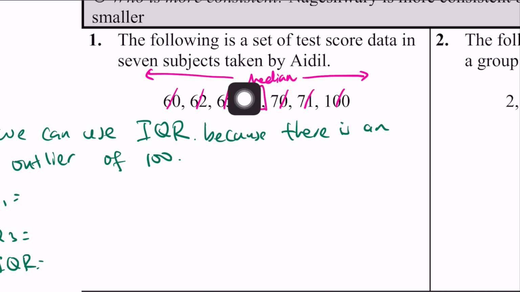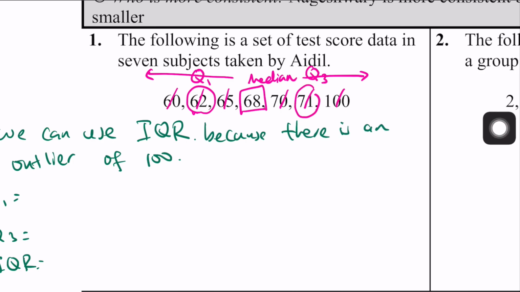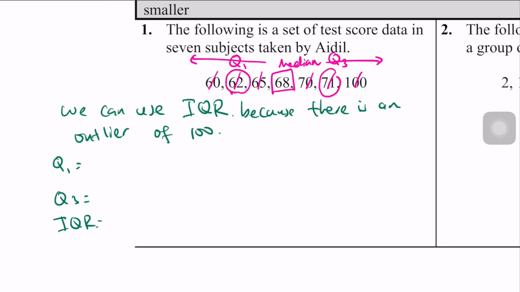For the left part, the median is 62, so this is the first quartile. For the right side, the middle part is 71, so this is the third quartile. So Q1 is 62, Q3 is 71. The interquartile range is simply Q3 minus Q1. So we have 71 minus 62, your answer is 9.